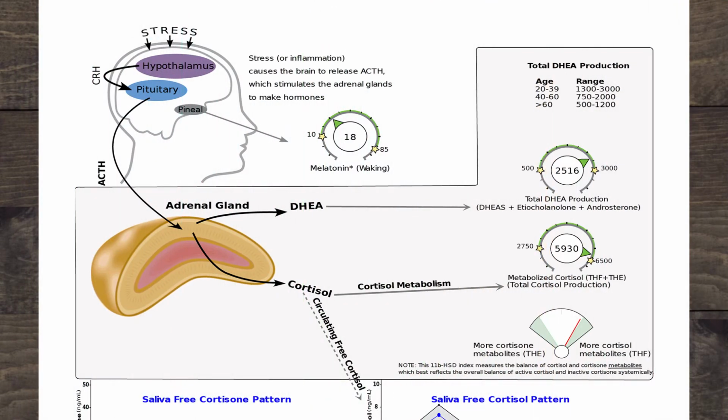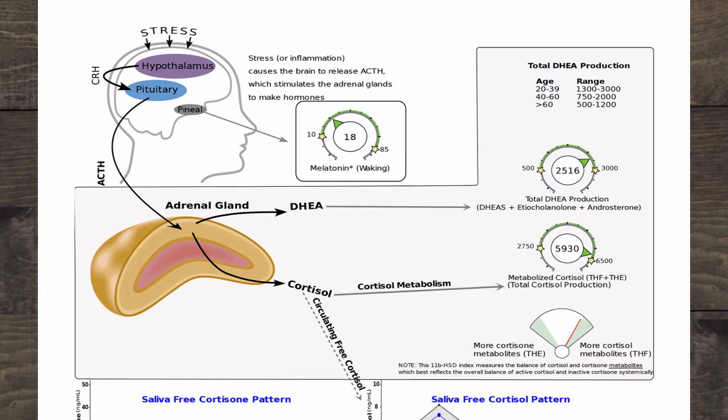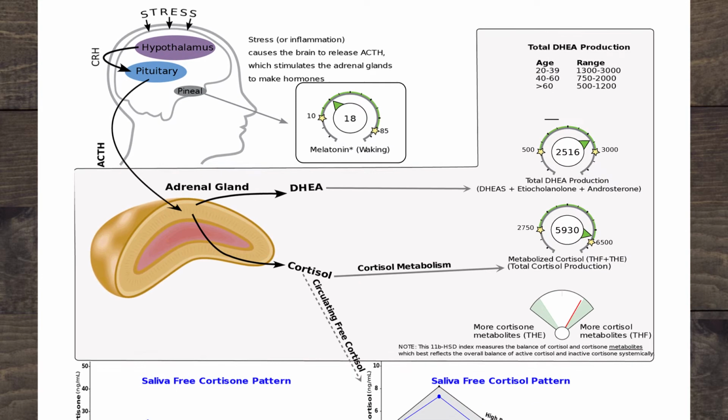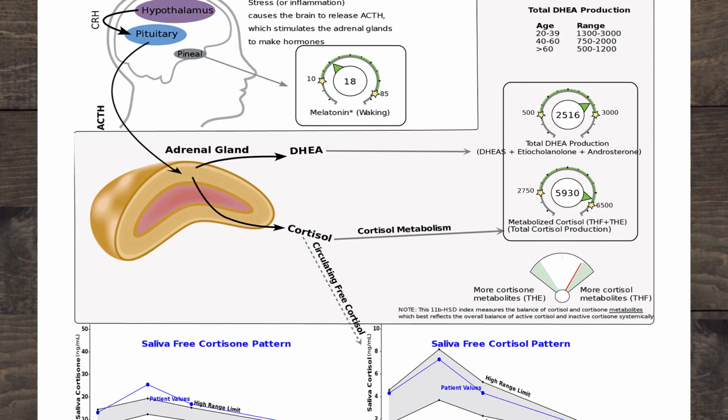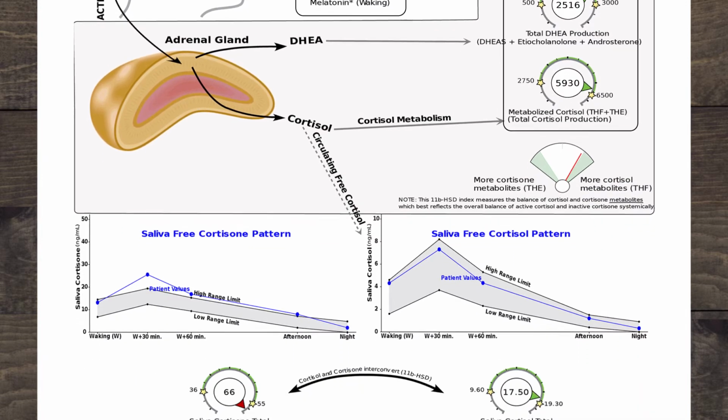As we move on to page 5 of the report, you can see melatonin, cortisol, cortisone, and the metabolites of cortisol. Starting at the top, you can see the levels of melatonin relative to the reference range. As you move down, we're looking at information mostly that we've already seen on the summary page: the total of the DHEA metabolites, the total of the cortisol metabolites, as well as the pattern of free cortisol.